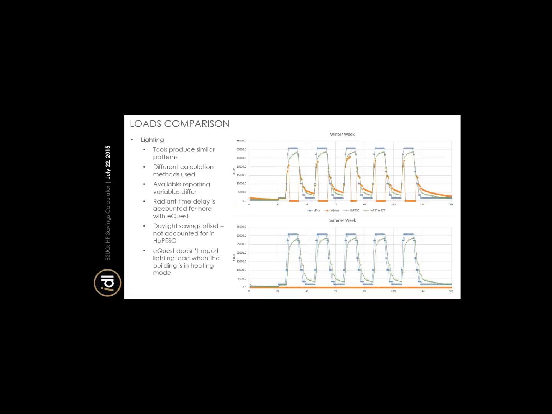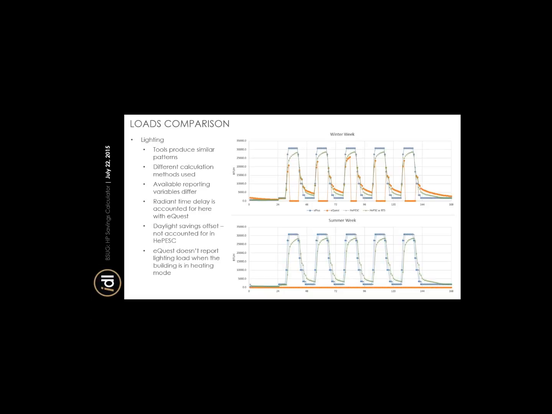This is a good example: the eQuest output is the orange, and eQuest appears to just turn off its lighting load reporting when it's in cooling. Okay, it's clear that eQuest turns off its lighting reporting during heating or cooling because it's just calculating it differently.